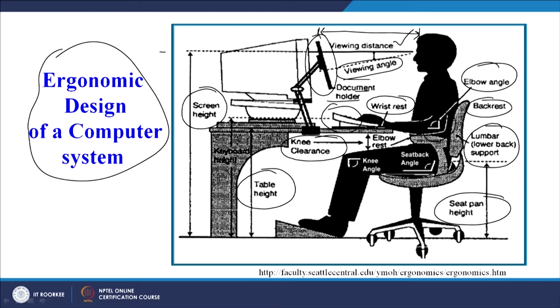So basically we can see that there are so many different parameters, and if you remember the previous session that we have taken on car seat, there were so many different parameters in car seat also. So when we are able to optimize each one of these parameters, our experience of using the computer will be much more comfortable.